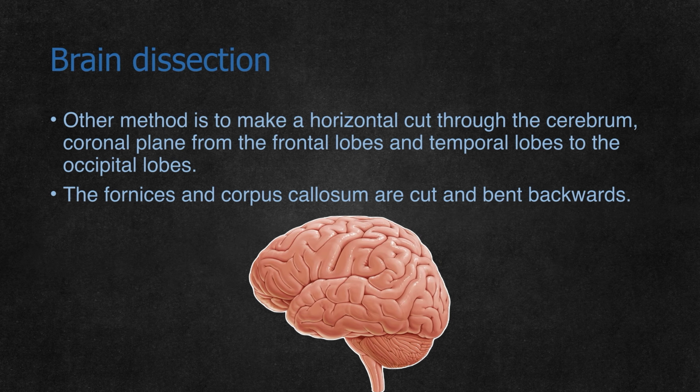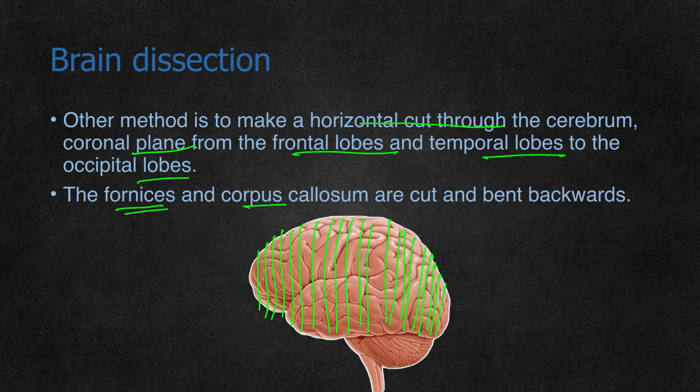Otherwise, another method is taking horizontal cuts through the cerebrum in the coronal plane, from the frontal lobes to the temporal lobes to the occipital lobes, at about 1 cm intervals. Incisions are taken at regular intervals to detect any hemorrhages or other abnormalities.